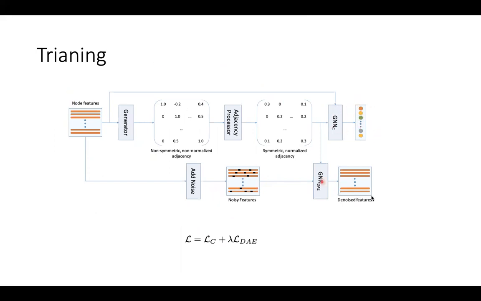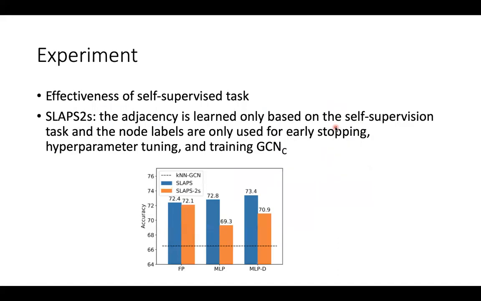They first use this branch to learn the graph structure, and once they get this graph structure, they fix it to train the parameters of this one. So essentially, this is what we have got here.